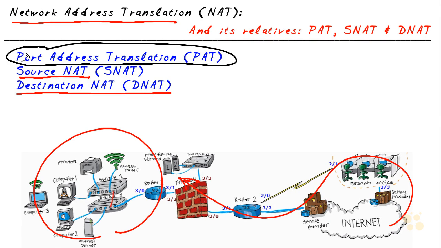And that subset of network address translation is referred to as port address translation because it's tracking the port information, for example, the TCP or UDP port information, in addition to the layer 3 translation to make sure that the replies for each of those requests goes back to the right individual on the inside network.